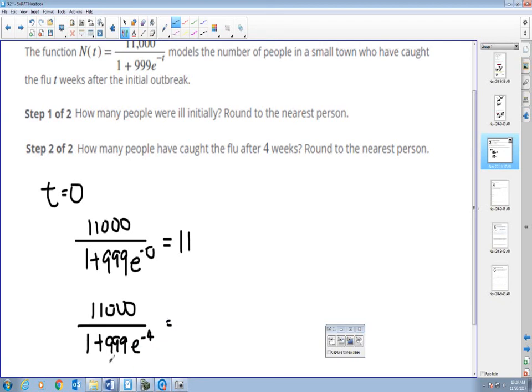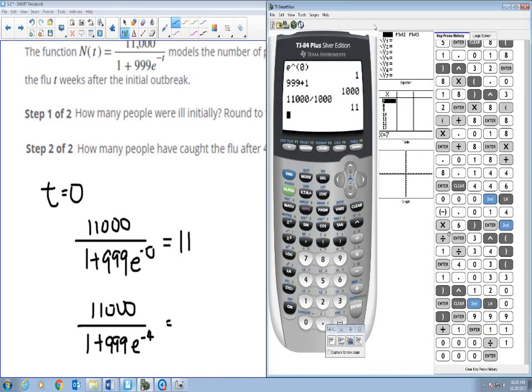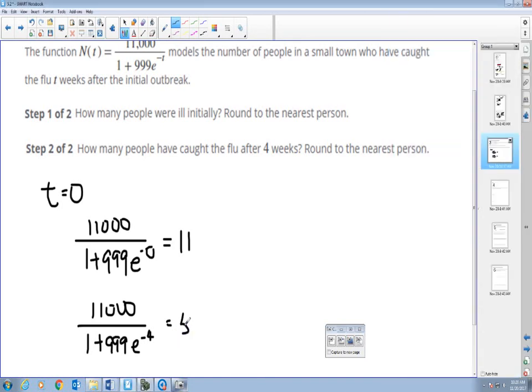I want the denominator to be calculated together first. So I'm going to type in 11,000 divided by parenthesis 1 plus 999 times e to the -4. Close parenthesis for the exponent. Close the parenthesis for my denominator. And that will be 570 people get sick then.